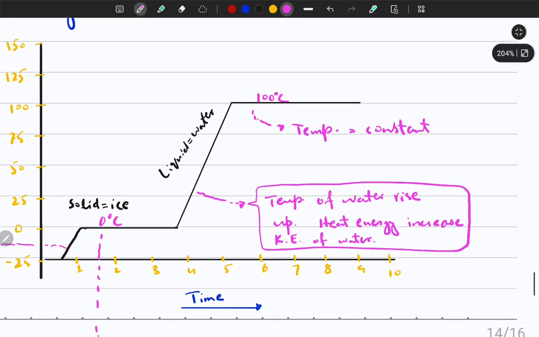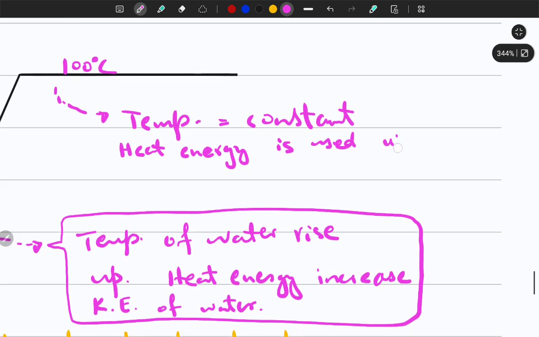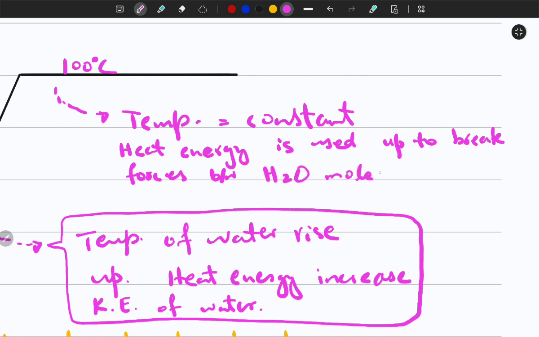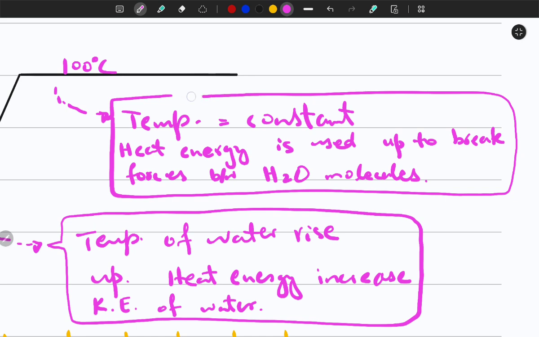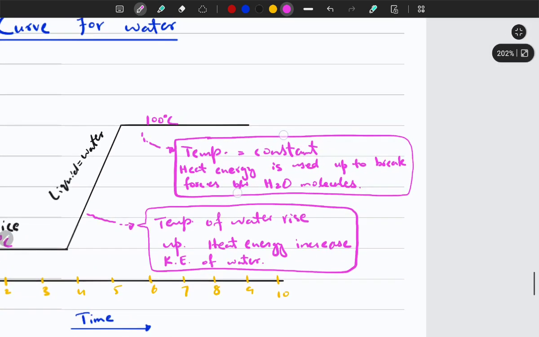But if you keep heating it, all the heat energy is used up to break the attractive forces between water molecules, so they can escape into the vapors. All right? This is what would happen.